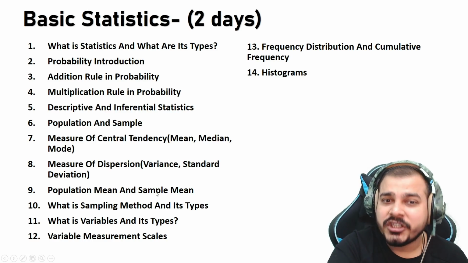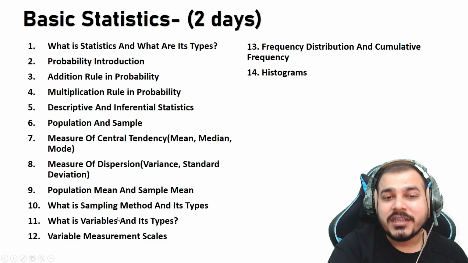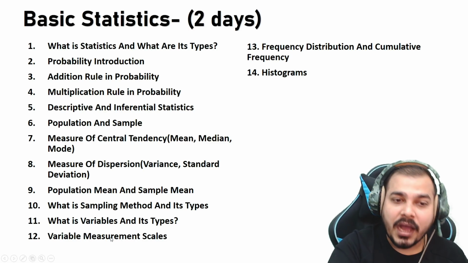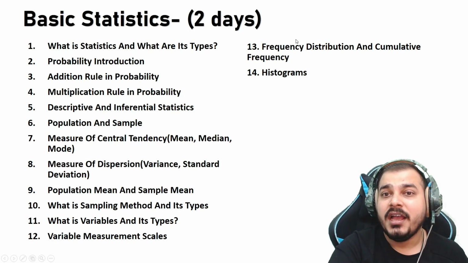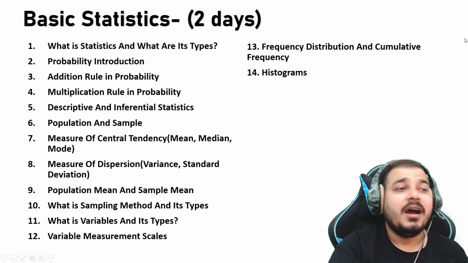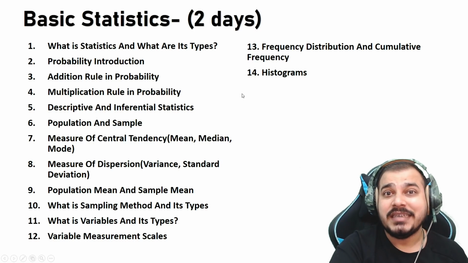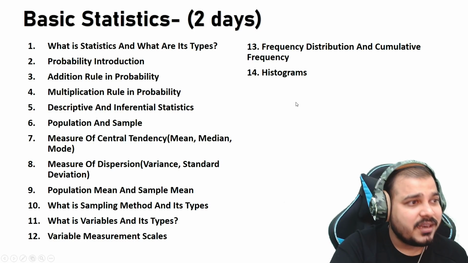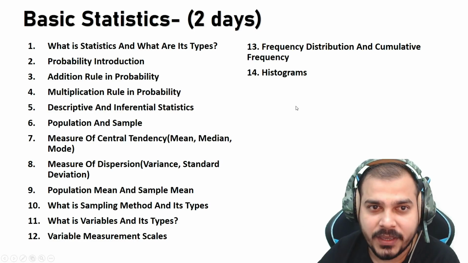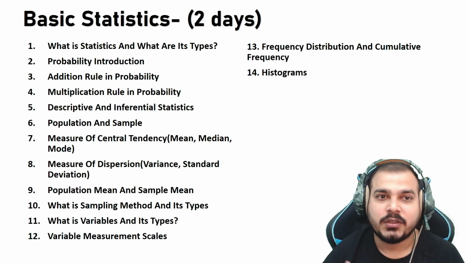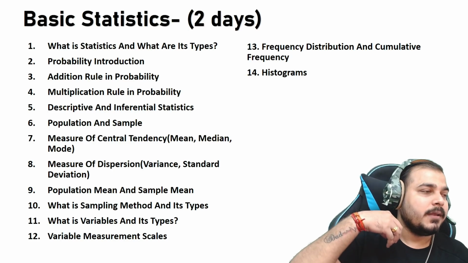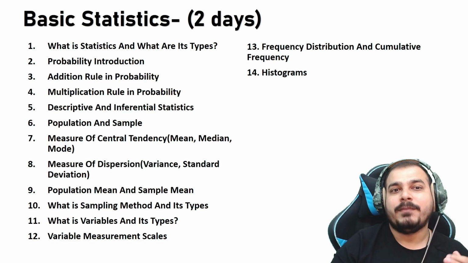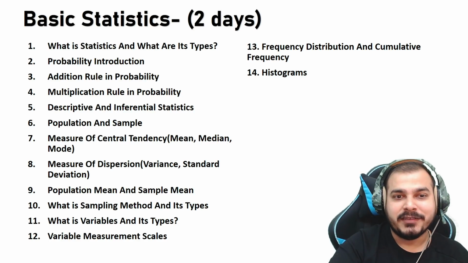Then you have population mean, sample mean, what are sampling methods and their types, what are variables and their types, variables measurement scale, frequency distribution, cumulative frequency, histograms. So if you cover these 14 topics, most of the basic stats will be covered, because here you get the introduction of statistics along with all the probability concepts, basic terminology that we use, measure of central tendency, and everything.